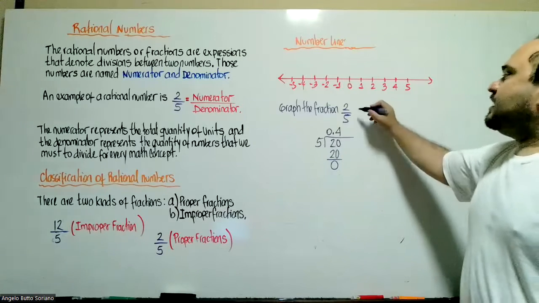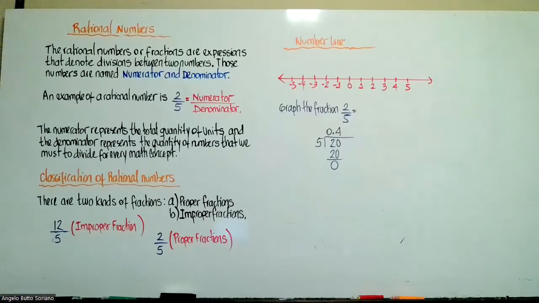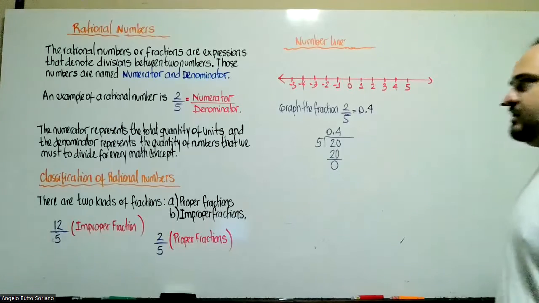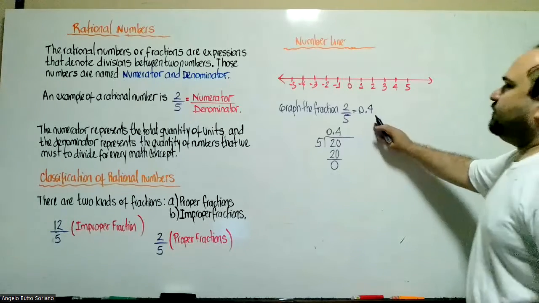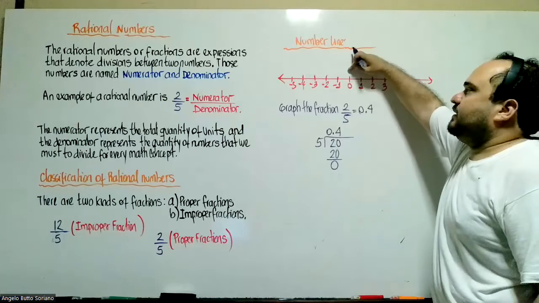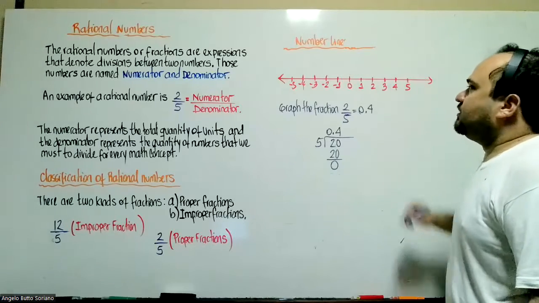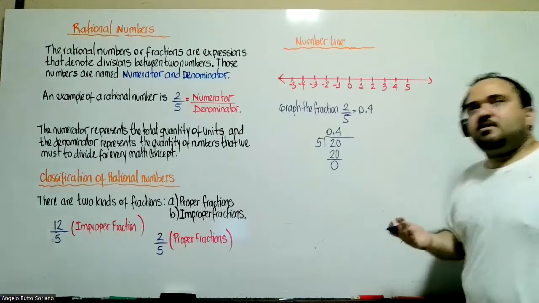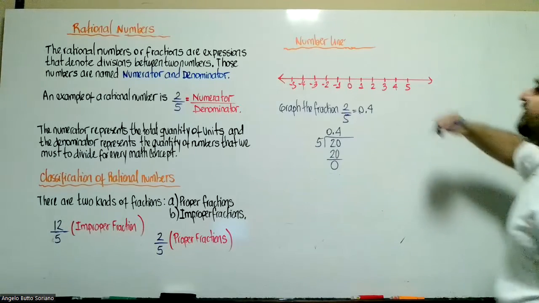What does that mean? It means the fraction transformed into a decimal number is 0.4 units. In the number line, 0.4 is a number located between 0 and 1. Obviously, I cannot graph 0.4 in the middle, because the middle represents half of 1, which is 0.5.